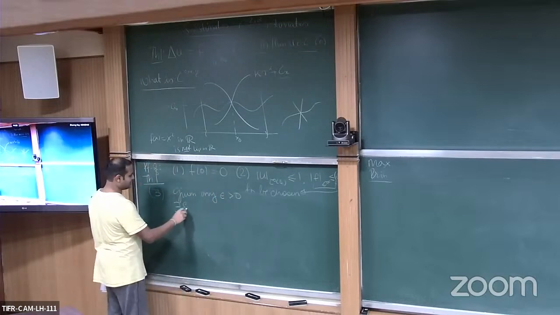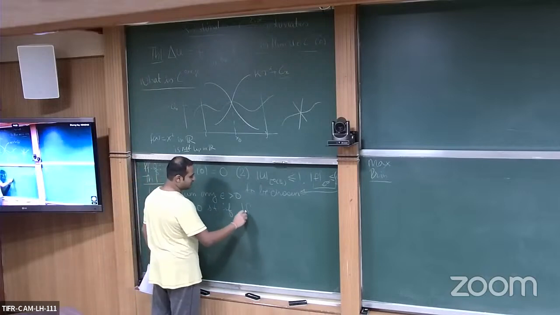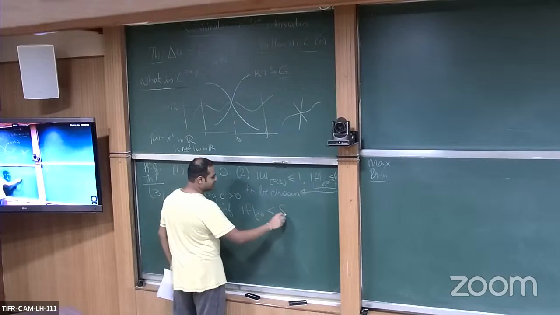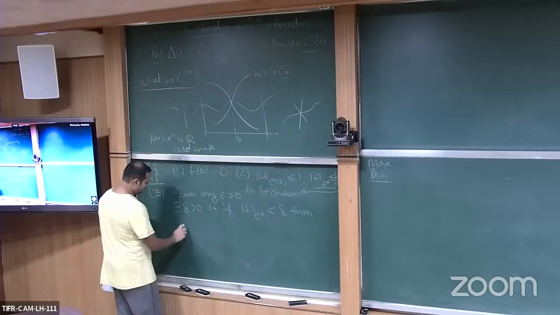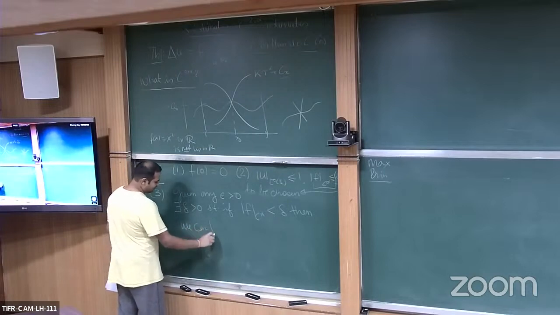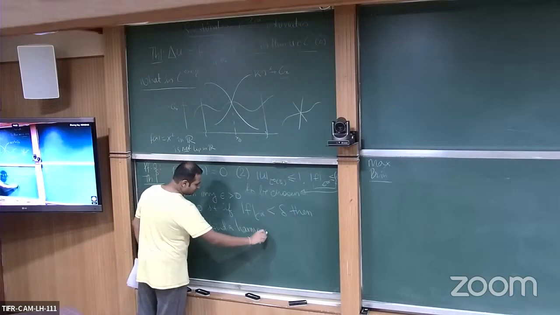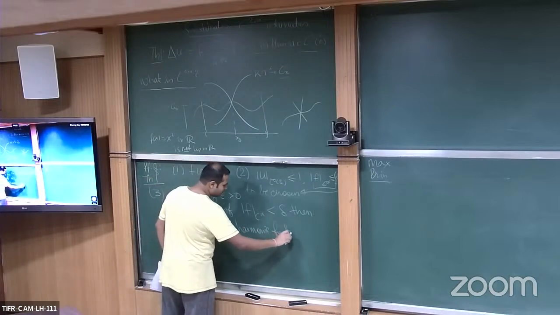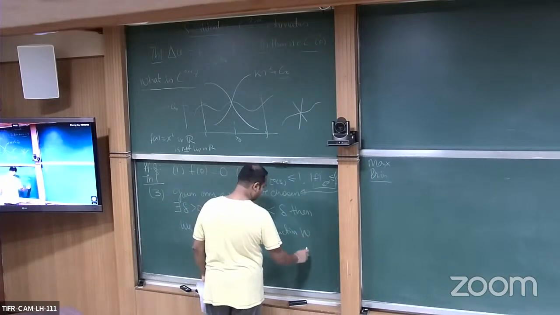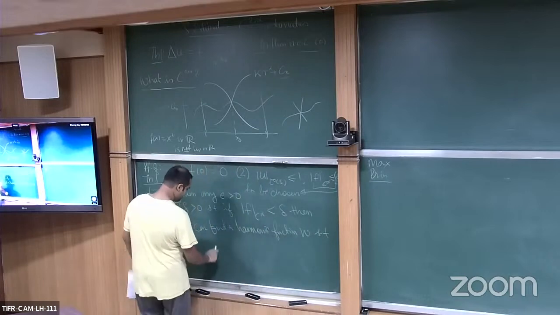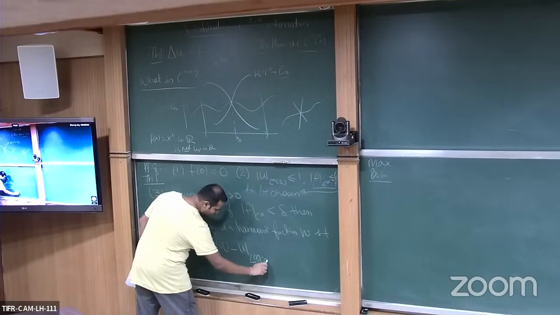I've shown there exists a delta positive such that if this full norm is less than delta, then we can find a harmonic function w such that w minus u is as close as you want.